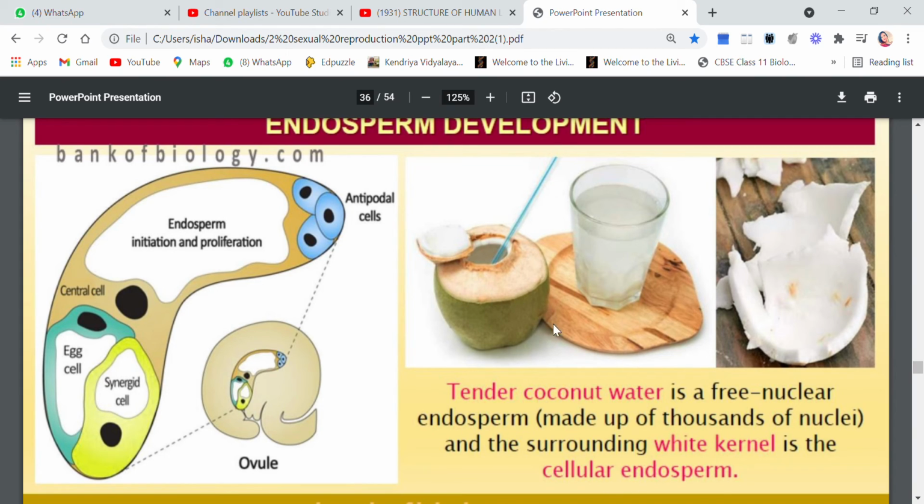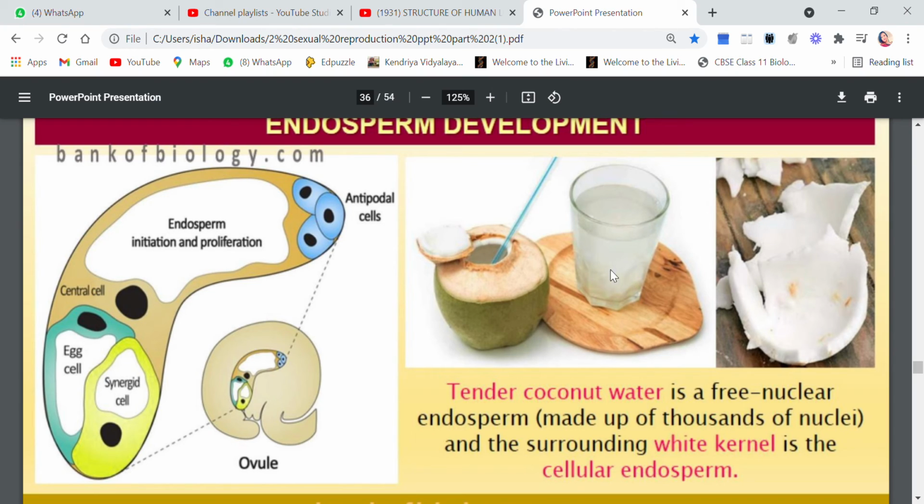Now if this coconut was not broken from the tree, or was allowed to stay on the tree, it will get converted into the one which becomes brown. Have you seen the mature coconut, the brown one? In that coconut, the quantity of water is less and the white portion is more. Why?